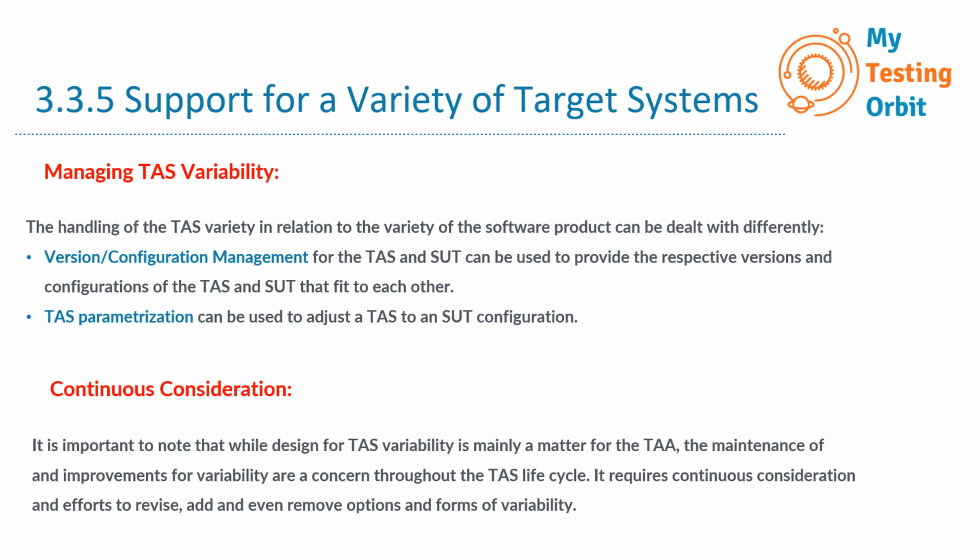It requires continuous consideration and efforts to revise, add, and even remove options and forms of variability. Okay, so over here, design for TAS variability means creating the test automation solution to handle different versions or configurations of the application, like regional variations.